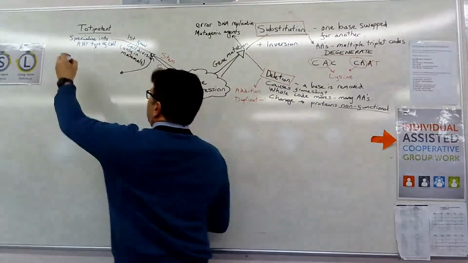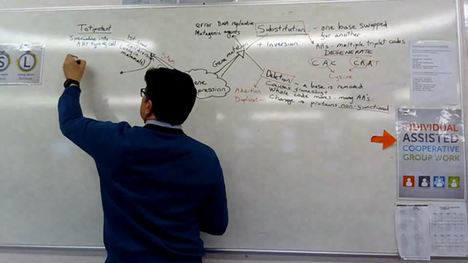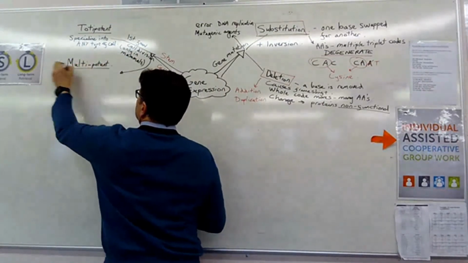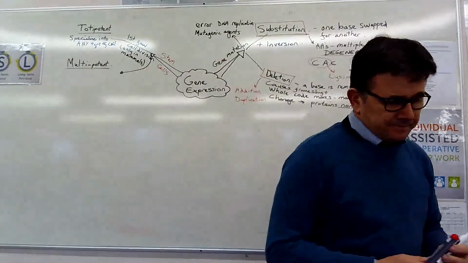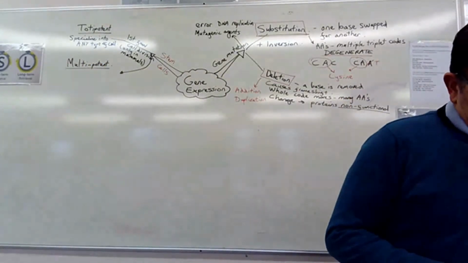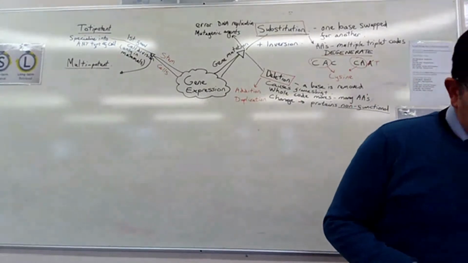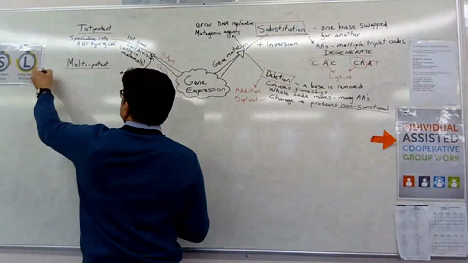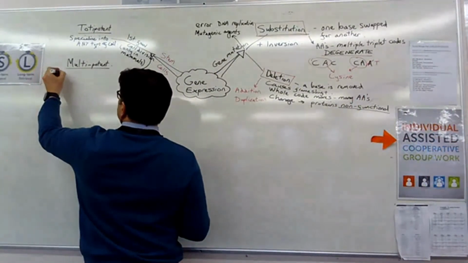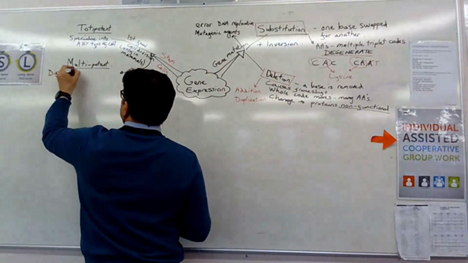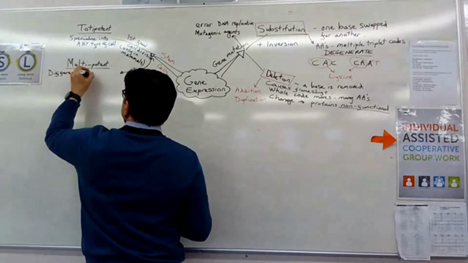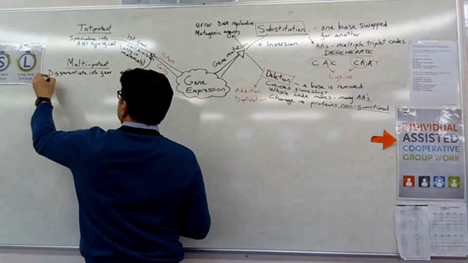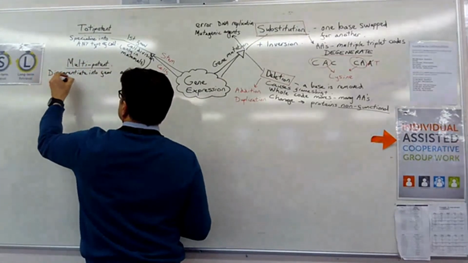Then we've got multipotent. They can differentiate into a few different types, e.g. blood cells.